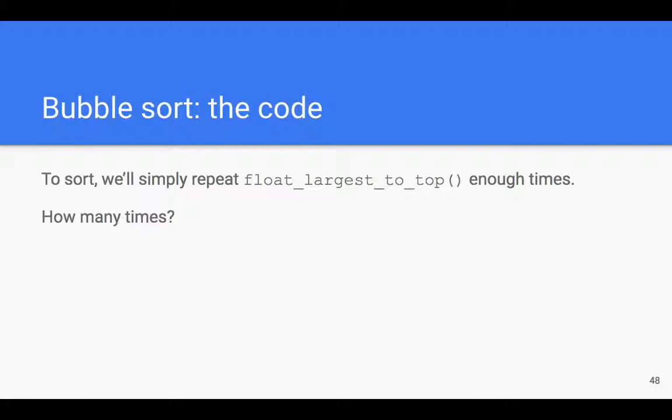So to sort, remember we just repeatedly have to float the largest and then the second largest, so on and so forth, to the top, right? So we just have to do this a number of times. So the question is then, how many times do we have to do it? So think about it for a moment. How many times do we have to call this in order to sort everything?